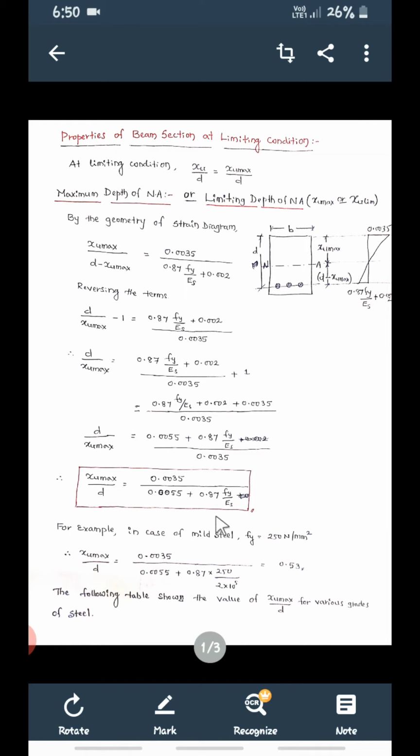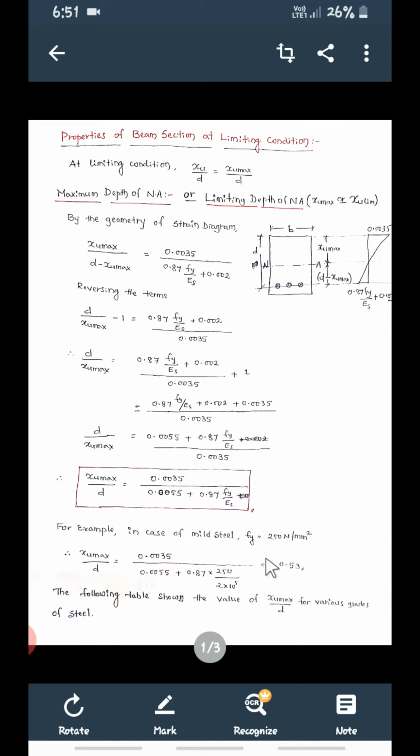Now, let us see how this Xu max upon d can be simplified. For example, in case of mild steel, that is Fy equal to 250 Newton per mm square. Basically, 3 grades of steel are used in RCC work, that is Fe 250, Fe 415 and Fe 500 grade steel.